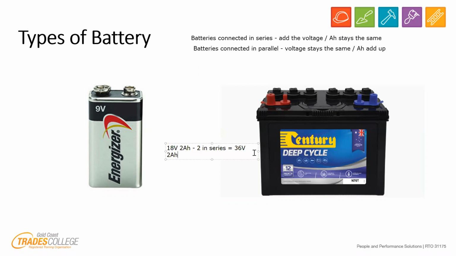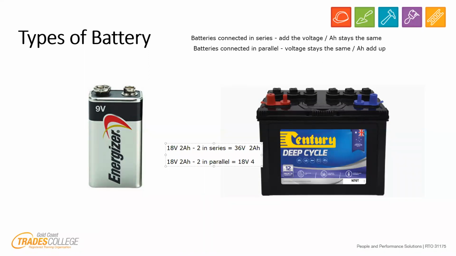Annoying. If I put the same 18 volt battery, 2 amp hour, you guys already know what the answer is going to be here, 2 in parallel, that would give me 18 volts.